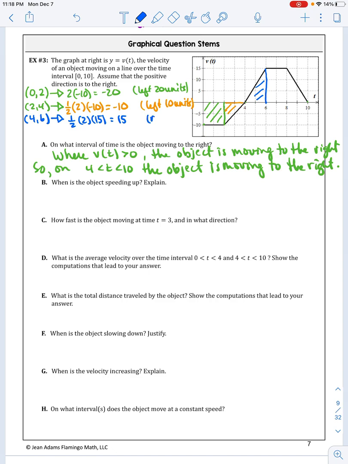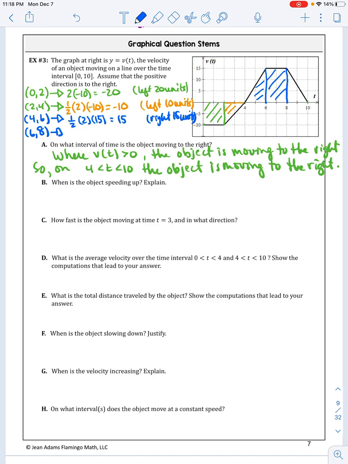So that's 15. So this is right 15 units. And then our next one is from 6 to 8. And that is a rectangle.